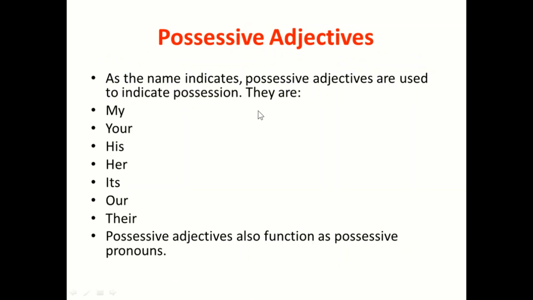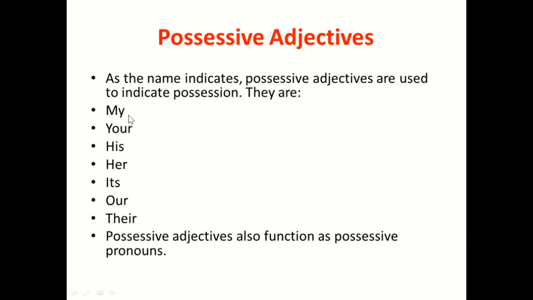Now we have possessive adjectives. As the name indicates, possessive adjectives are used to indicate possession. They are my, your, his, her, its, our, their. Possessive adjectives also function as possessive pronouns. They are the same, so don't get confused thinking, I have learned this as a possessive pronoun, why is she saying these are possessive adjectives?